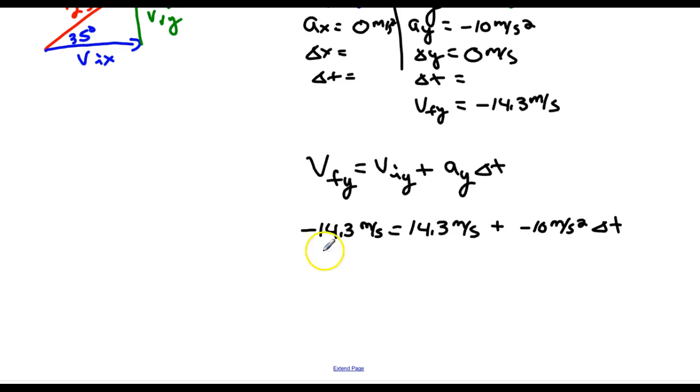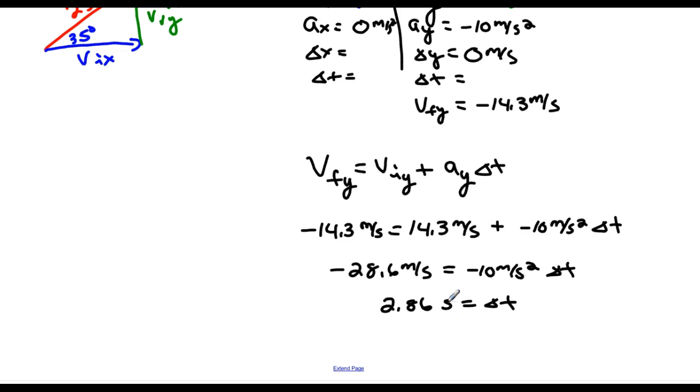So I'm going to subtract 14.3 from both sides. I get negative 28.6 meters per second is equal to negative 10 meters per second squared times delta t. Divide both sides by a negative 10, and I get 2.86 seconds is equal to delta t. So there's my time.